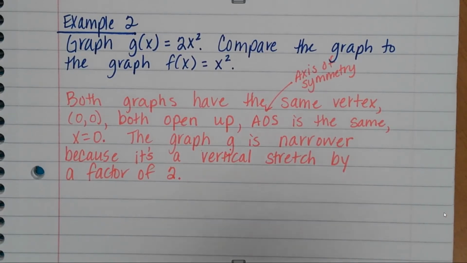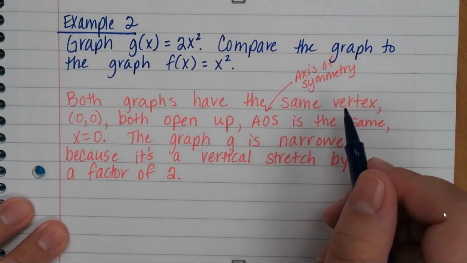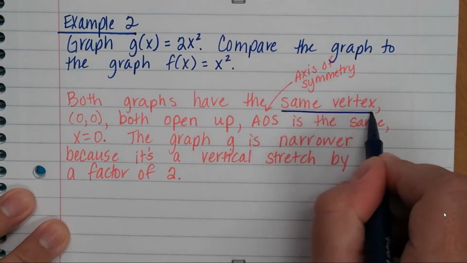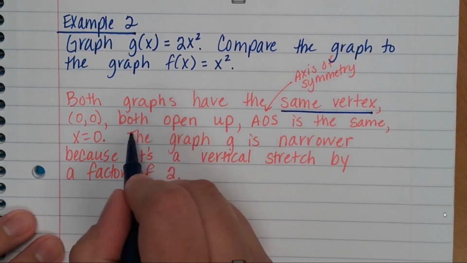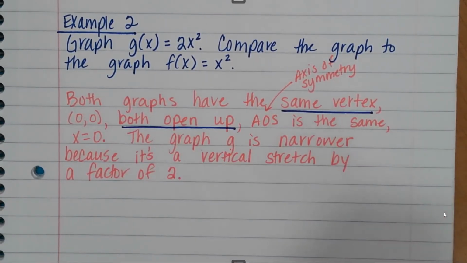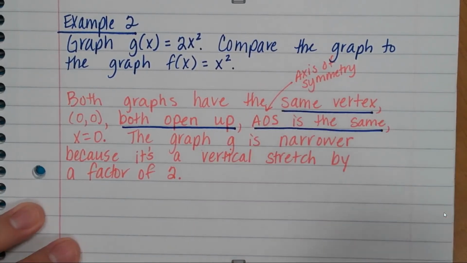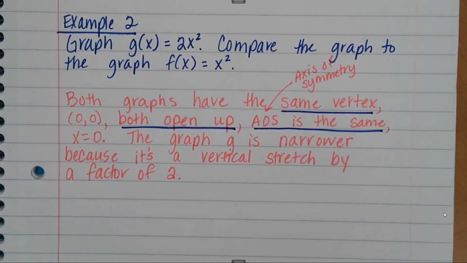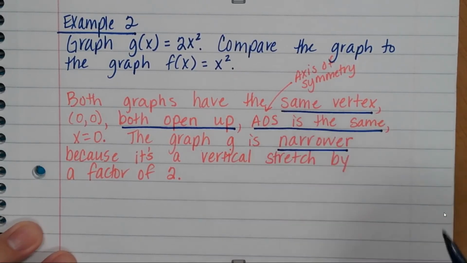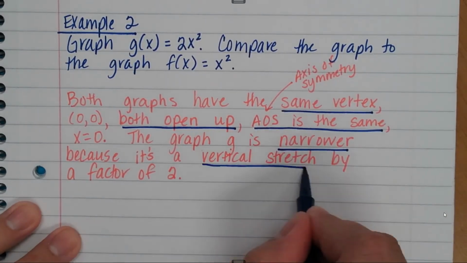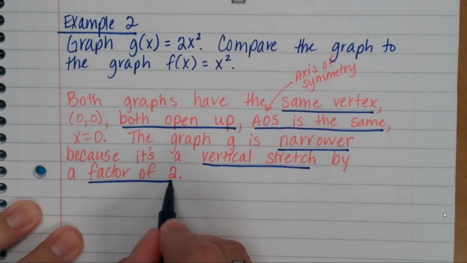Okay, so here's what's important. We said they have the same vertex. They both open up. The axis of symmetry is the same. The graph G is narrower by a vertical stretch by a factor of 2.